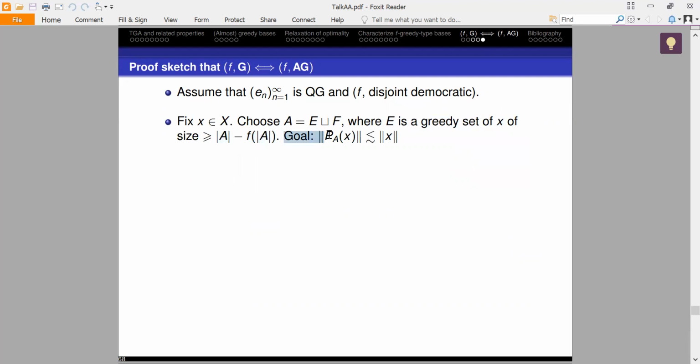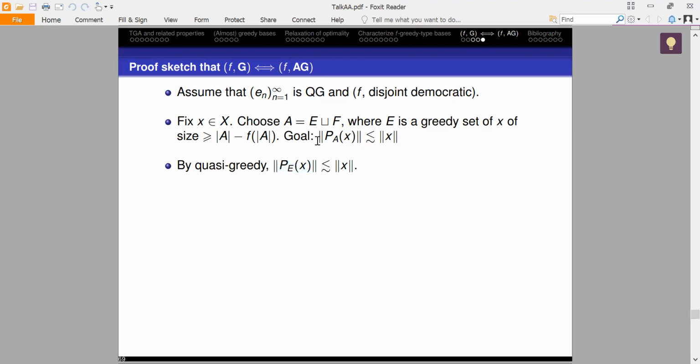We want to prove that P_A x is bounded by x. Now, what we have right away is that P_E x is bounded by x, because our basis is quasi-greedy and E is the greedy set of x. So of course, by the quasi-greedy property, you know that P_E x is bounded by x.